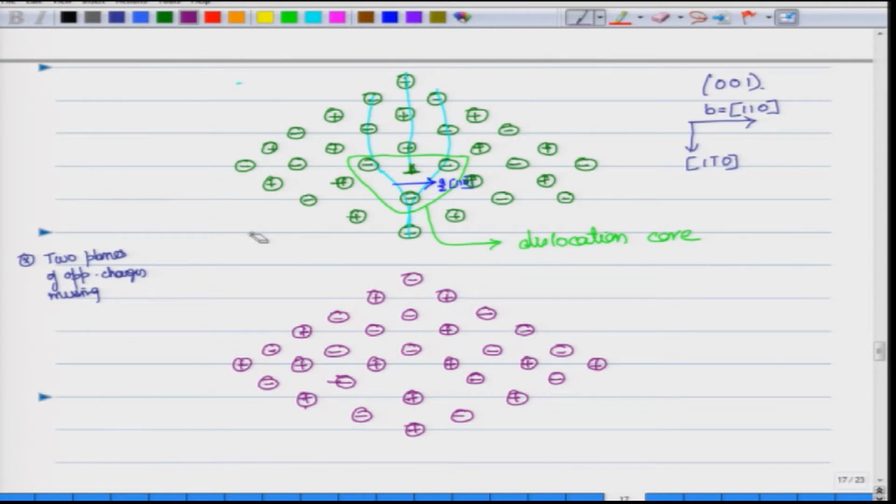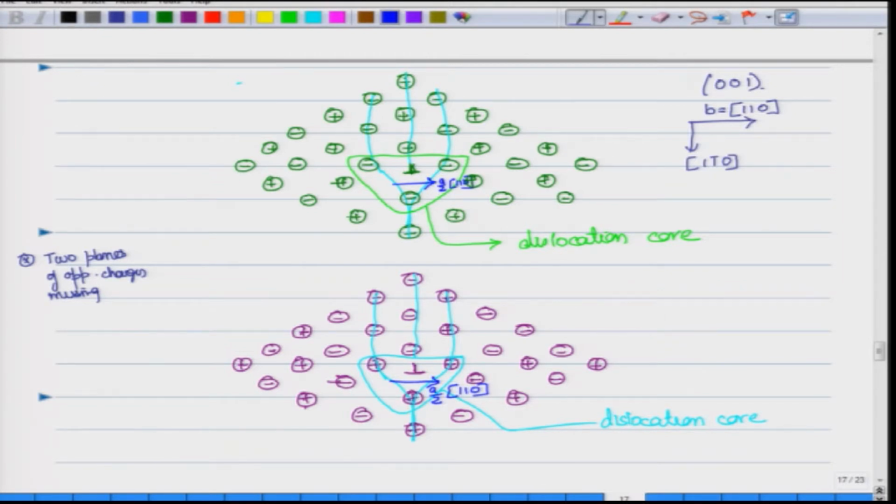Now, what do you see here? Again we see this is your dislocation core. I will draw these guidelines for you to be able to appreciate it. The Burgers vector still remains the same, which is a/2 110, and what has happened?